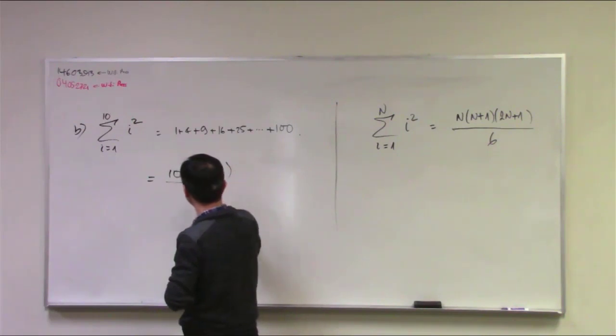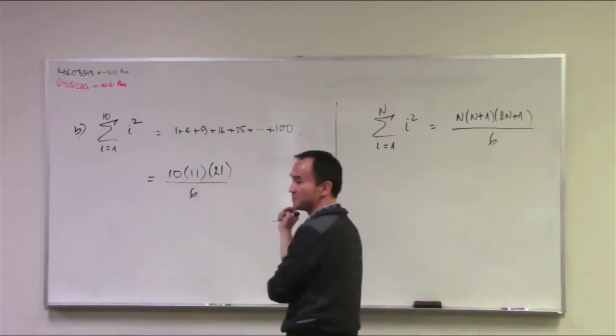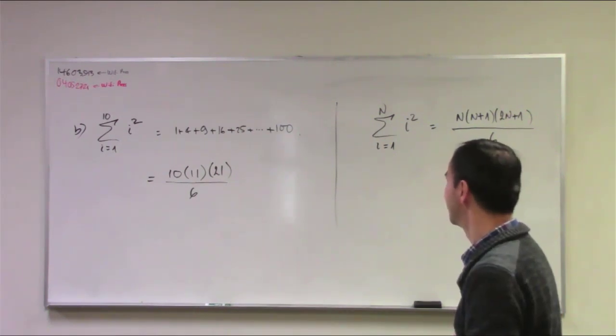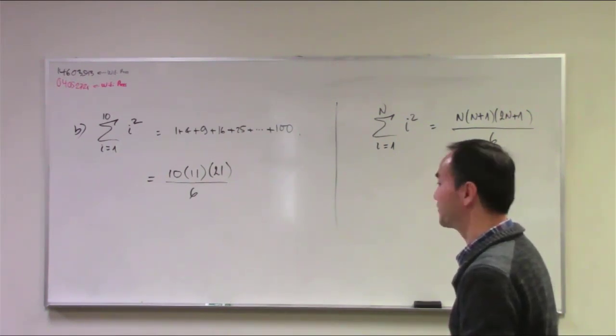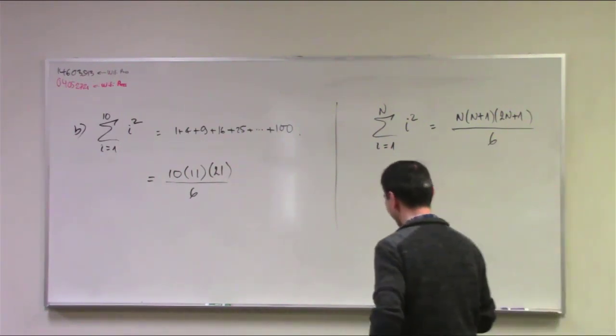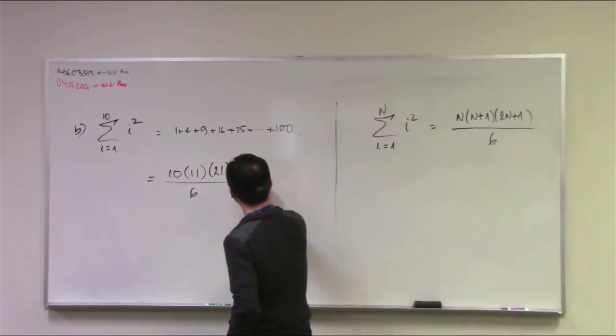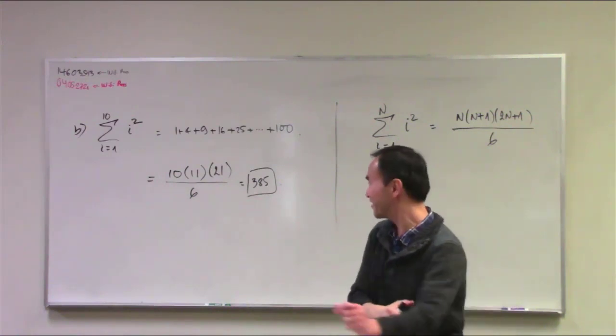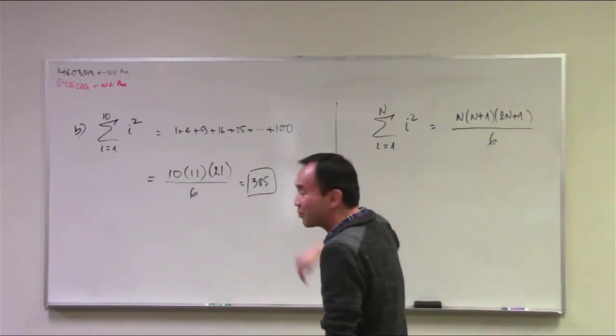And we divide that by 6 again. See what I mean? The answer is 385. So we're adding it up without adding the terms. We really didn't add the terms, but that answer equals the sum.